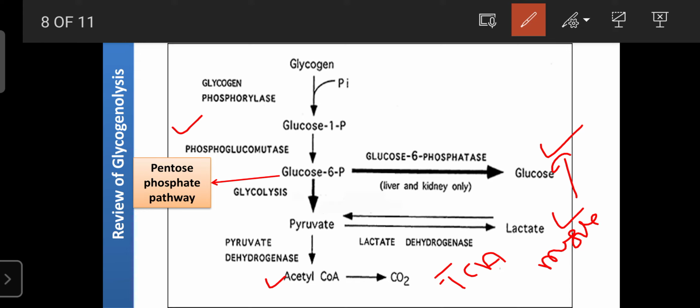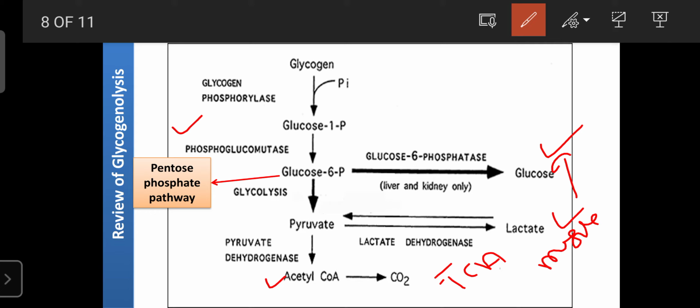And on another side, the same glucose 6 phosphate can enter into the HMP pathway or pentose phosphate pathway, where it is responsible for the formation of ribose sugar, or ribose 5-phosphate, that is required for the synthesis of DNA and RNA. So like that, glycogen is responsible for maintaining the biochemical reactions that depend upon glucose.